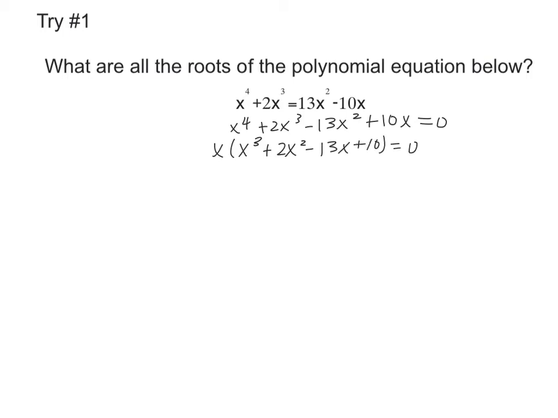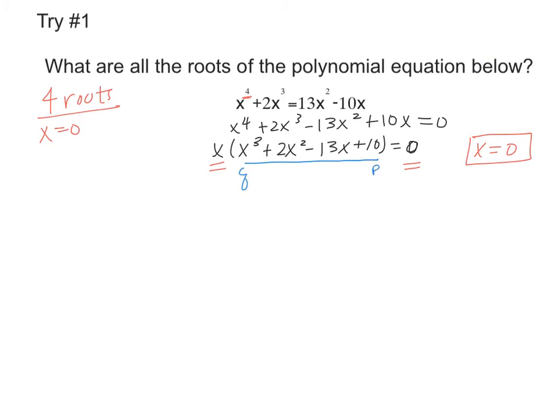Okay, so since x was a greatest common factor, it's actually a root. So we have x equal to 0 as one of our roots. Now, by the way, don't forget, we're supposed to have 4 roots here because it's to the 4th power. Okay, so one of them is x equals 0. All right, we're going to keep going. So if 0 is a root, now based on this center part, we can do p over q, right?